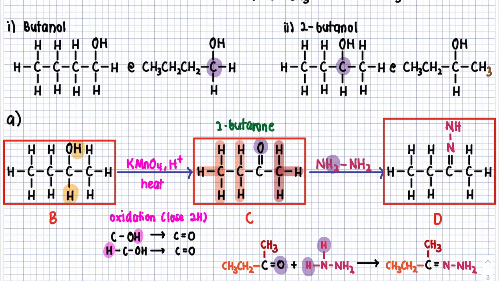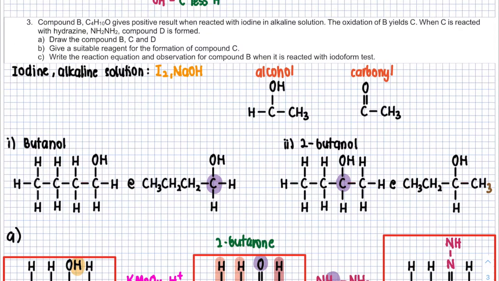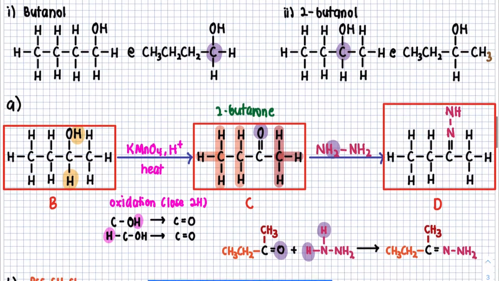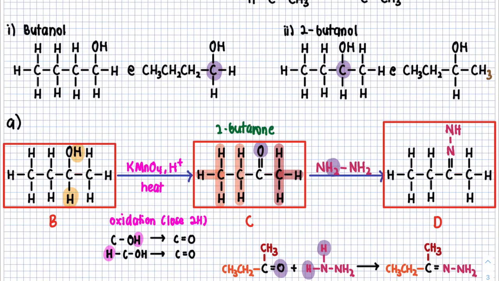Okay, and then the question did ask you to draw the compound C dah. Okay, compound D pula. Okay, we react with hydrazine. Again, in this case, what happens is that when C is reacted with hydrazine, this is ammonia derivative, we will remove H2O.